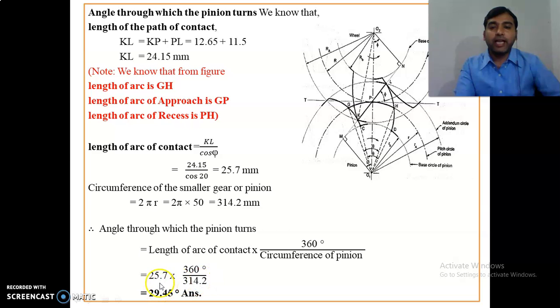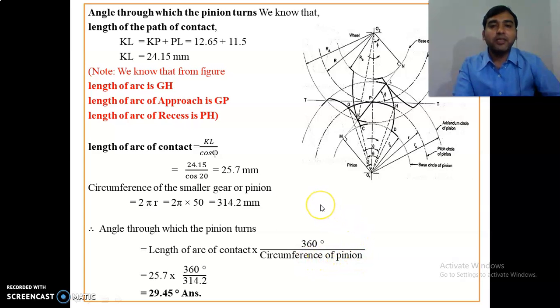So we get the angle through which the pinion turns, 29.45. This is the answer. So here, the angle through which the pinion, the smaller gear, turns is what we want to find. The complete angle is 360 and the circumference of this pinion is 314.2. That's why we take 360 upon circumference of pinion.